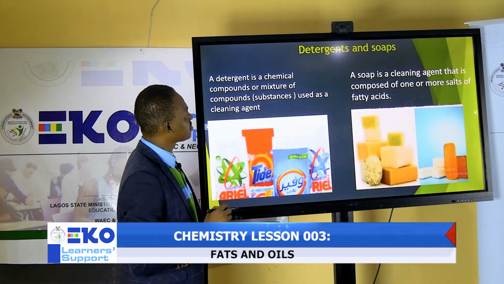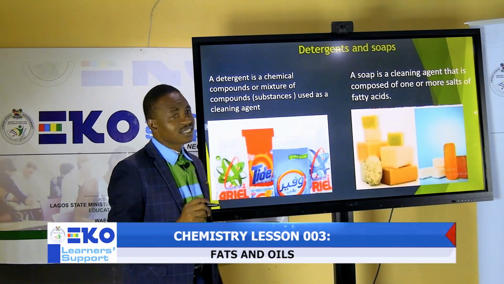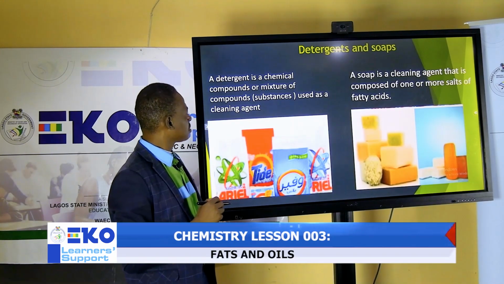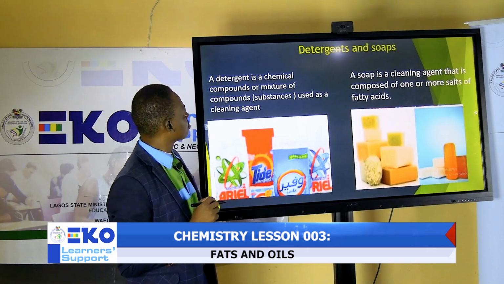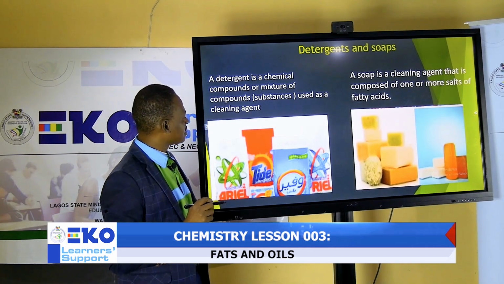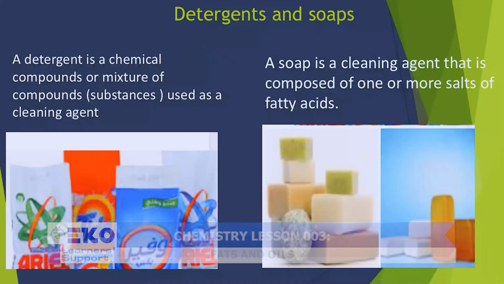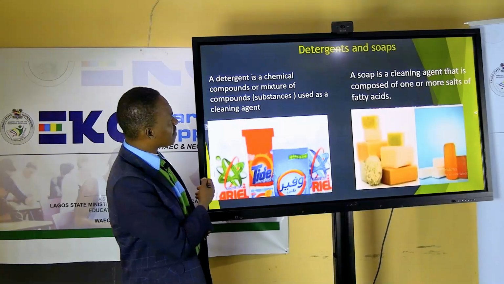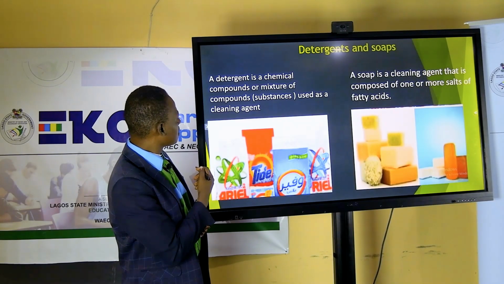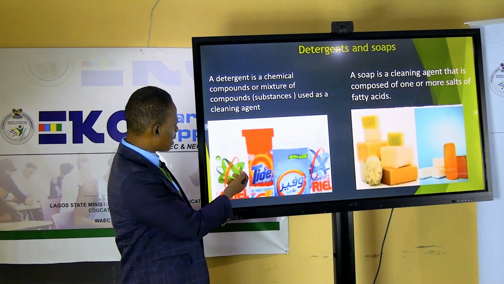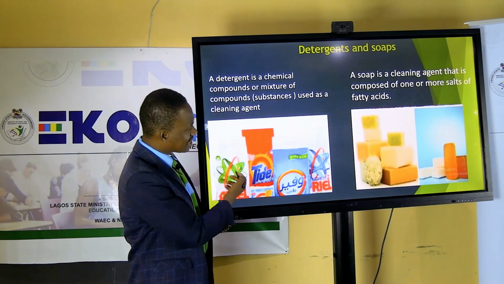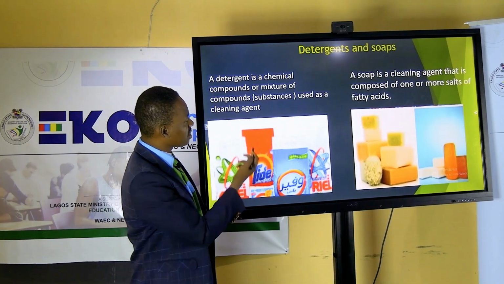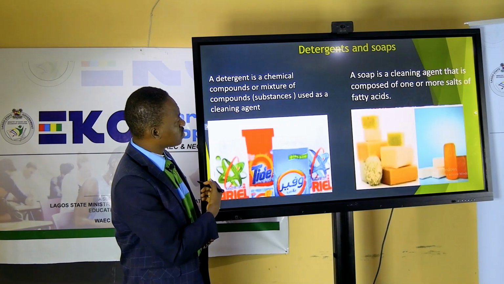Basically here, you have detergents and soap. For a detergent, we say it's a chemical compound or a mixture of compounds used as a cleansing agent. As you can rightly see here, we have other detergents that you are familiar with. Then we equally have soap.